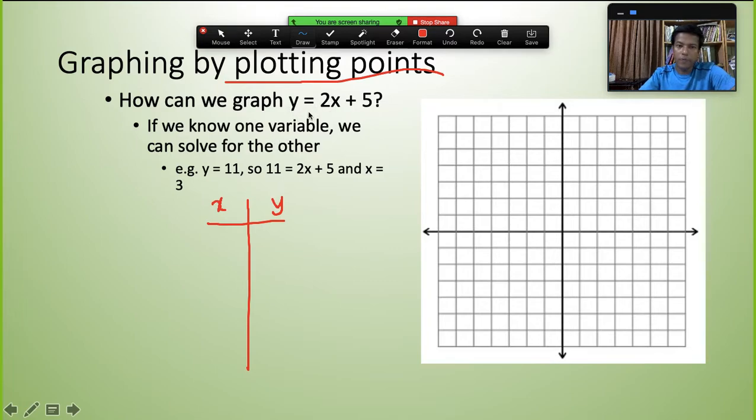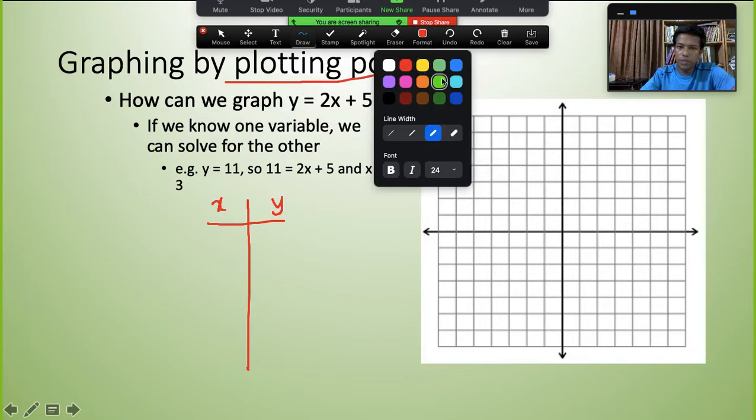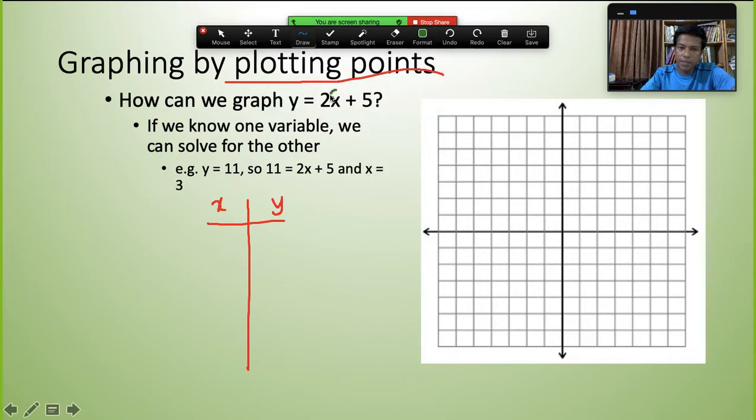So y equals to twice x plus 5. First of all, for this x, think about some random value. Suppose x equals to 0, suppose x equals to 1, suppose x equals to minus 1. This way you think, if x equals to 0, what happens? If x equals to 1, what happens?